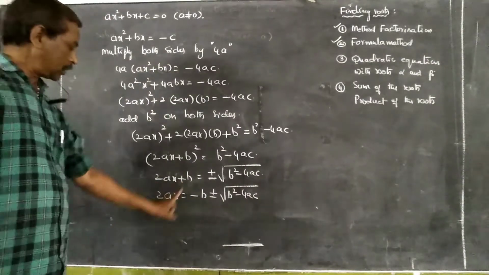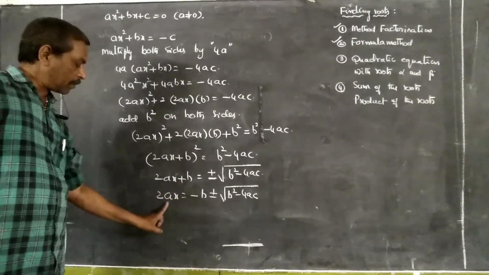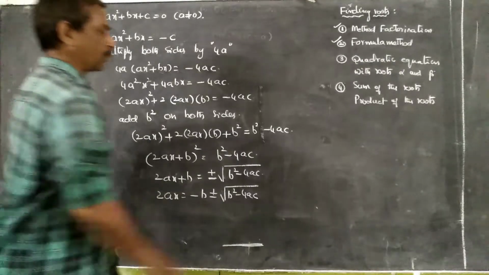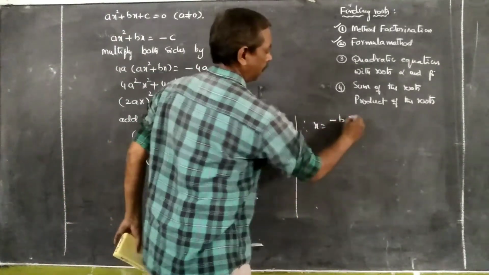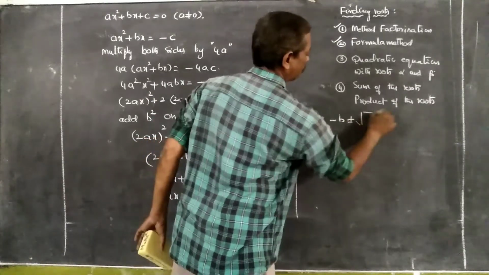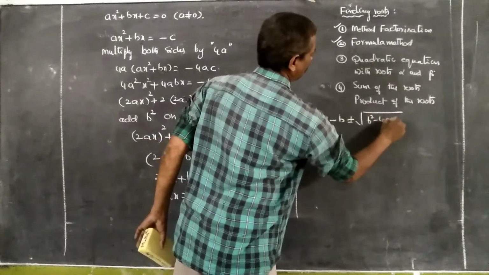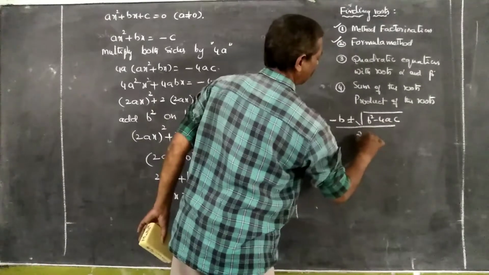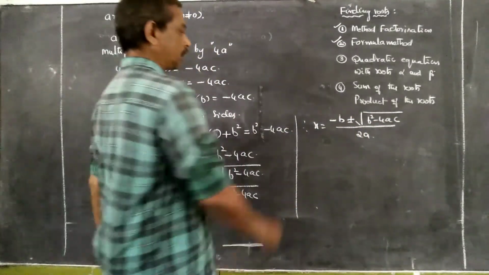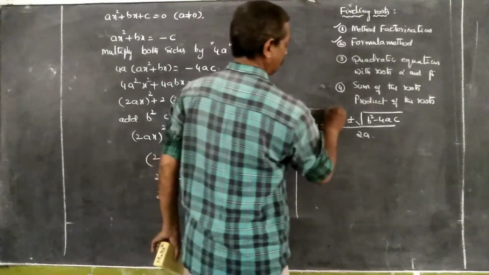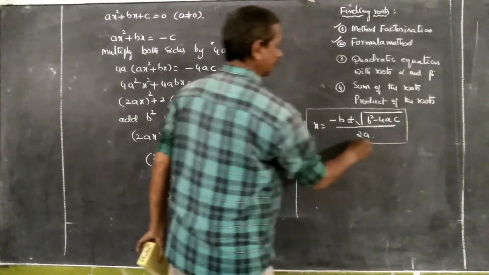In this equation we need to find x, dividing both sides by 2a. Therefore x equals minus b plus or minus square root of b square minus 4ac by 2a, is the formula to find the roots of the quadratic equation ax square plus bx plus c.